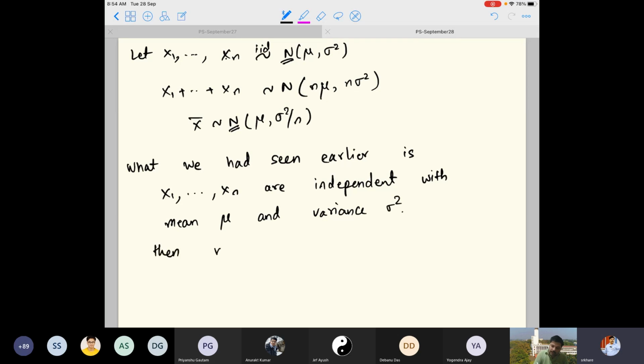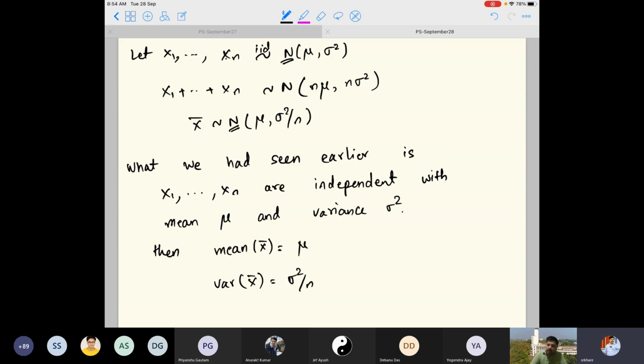Then we had seen that the mean of X bar is also mu and the variance of X bar is sigma square by n. But we had not said anything about the distribution of X bar. You have to be careful about this.